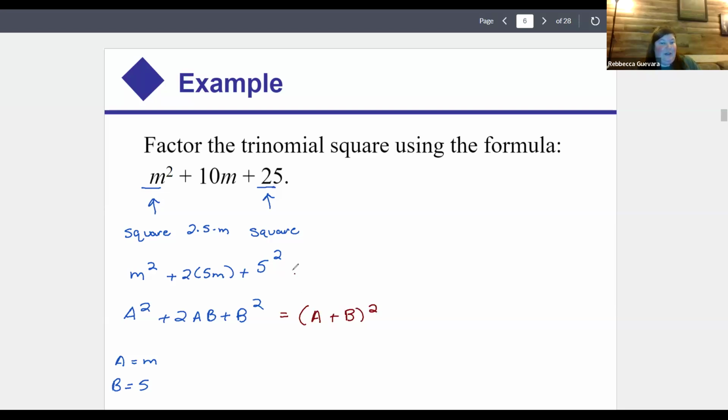So without any actual factoring, I know that this is just m plus 5 squared. So I have factored my trinomial.